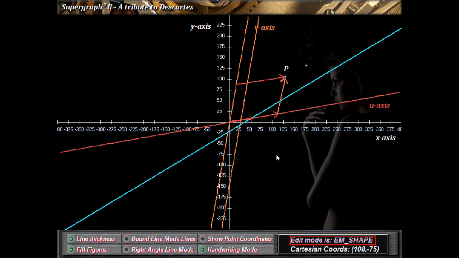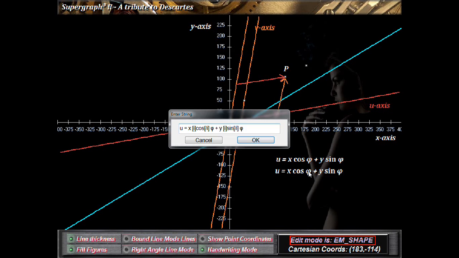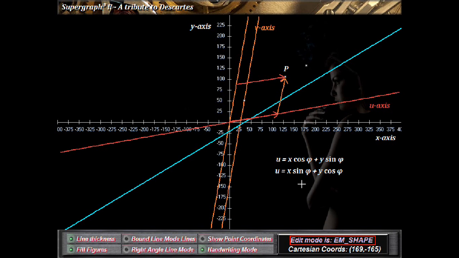And v is similar, but the cosines and sines are reversed. The signs are the same, and there might be a scaling factor.